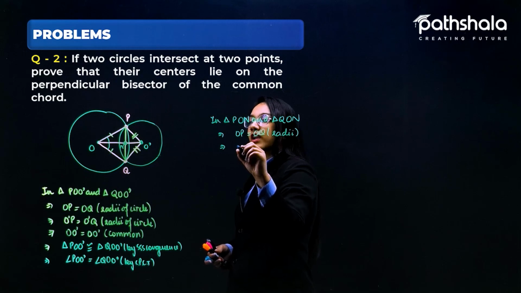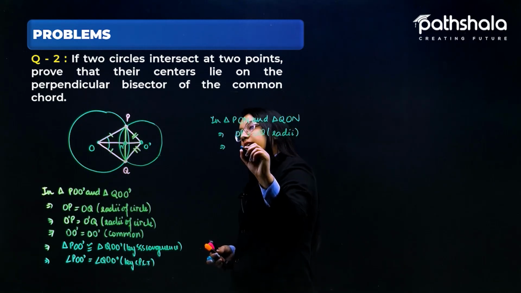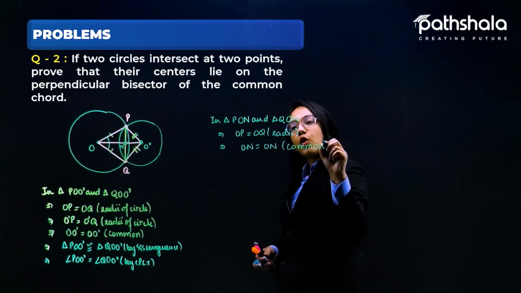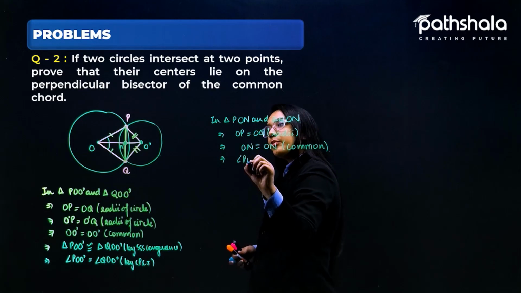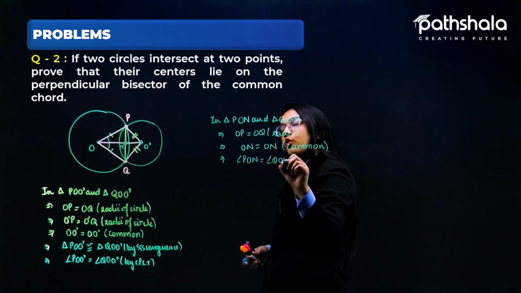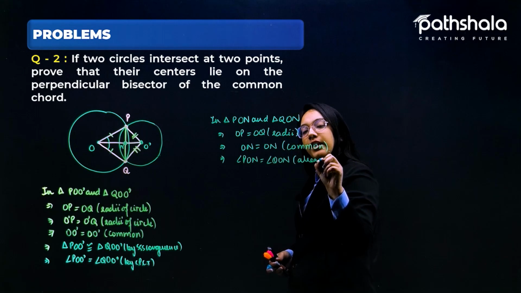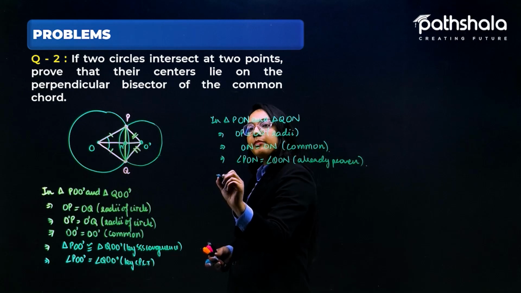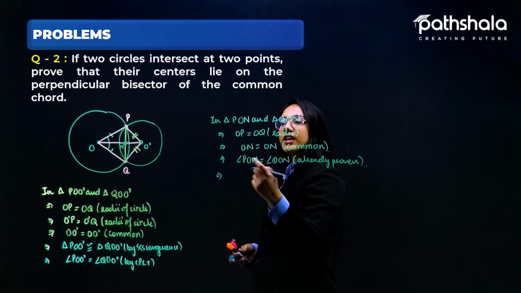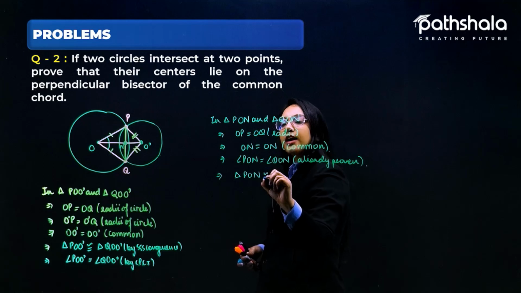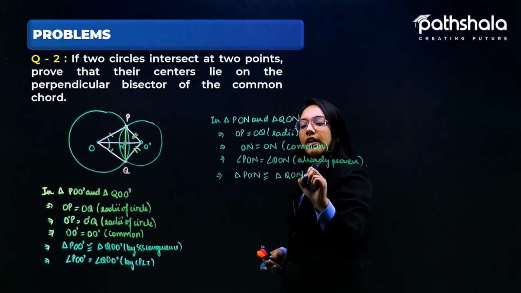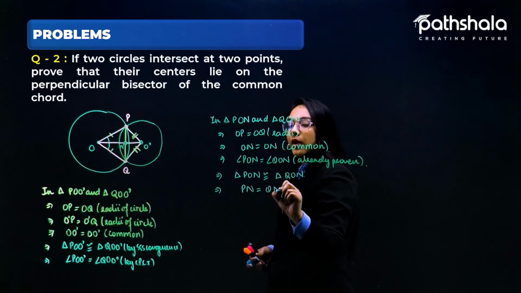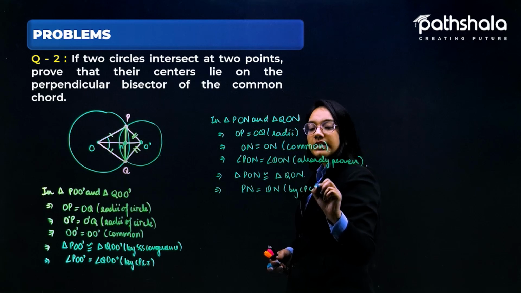ON is equal to ON, a common side. The angle PON is equal to the angle QON, which we have already proven. So triangle PON is congruent to triangle QON by SAS congruence, and hence PN is equal to QN by CPCT.